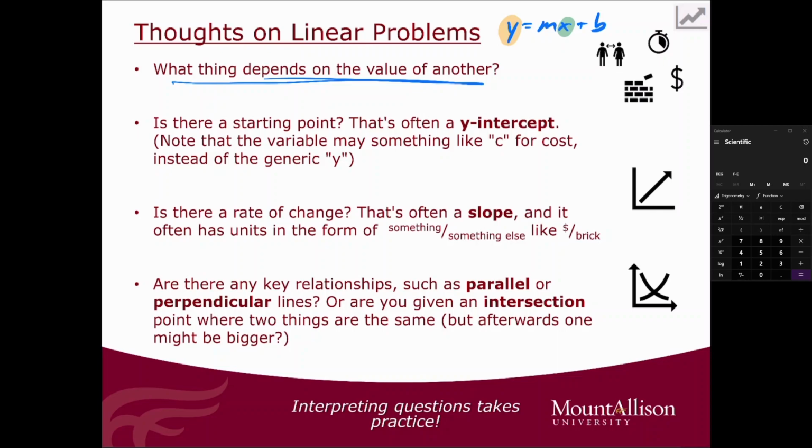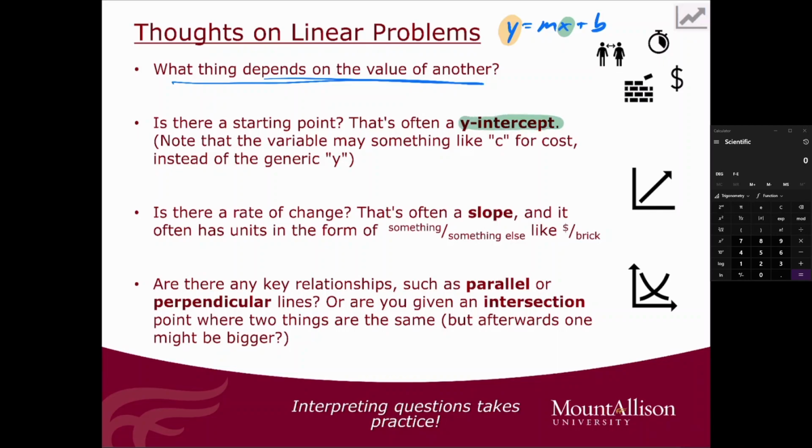Though they may also be saying, okay, at this point in time, 3 hours into the day, you have sold this, and at 5 hours you've sold that. So there, your starting points are not the y-intercept. There you're going to want to use 2 sets of coordinates. But if you're lucky, you may have been given just the y-intercept right away.